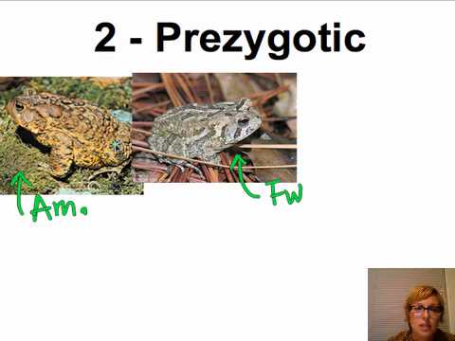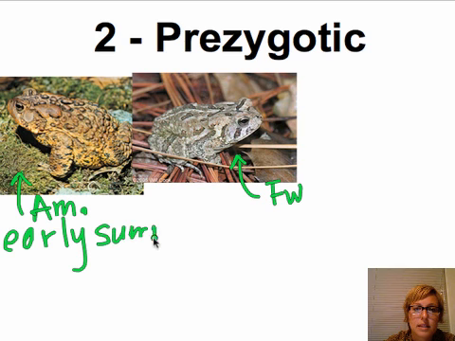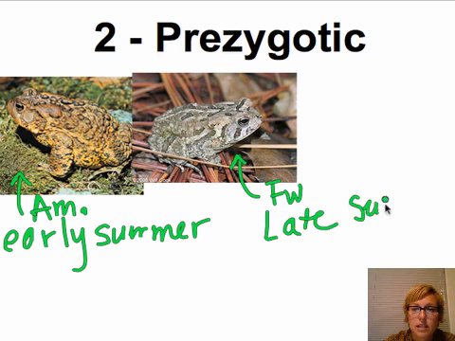However, the American toads tend to mate in the early summer, and our Fowler's toads mate in late summer. So our open window for mating for each of these species is on a very different clock, right? So they never actually mate because their mating seasons are definitely off.